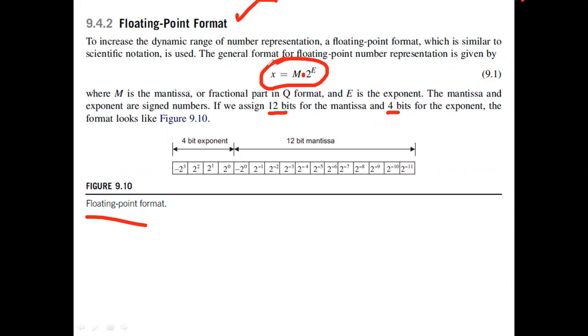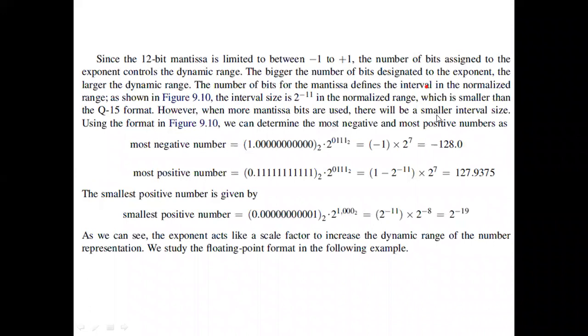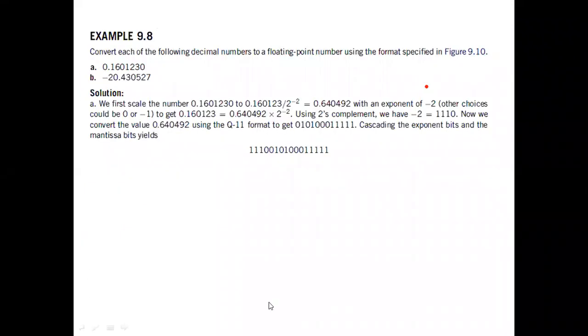And can you give an example, by the way? Let us see in the next page. Yes, here there is a range. You can see there are some numbers given, and the author is asking us to convert each of the following decimal numbers into floating point format.